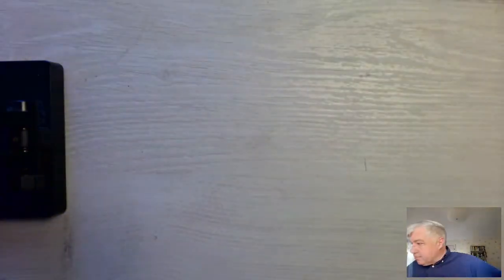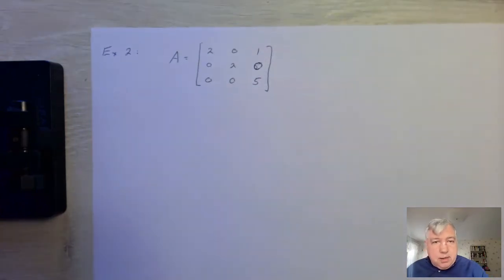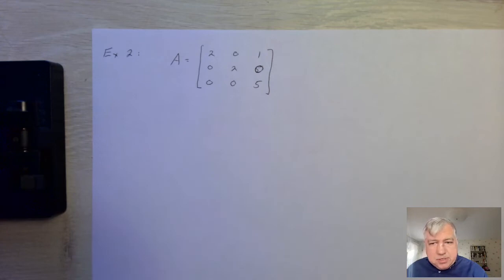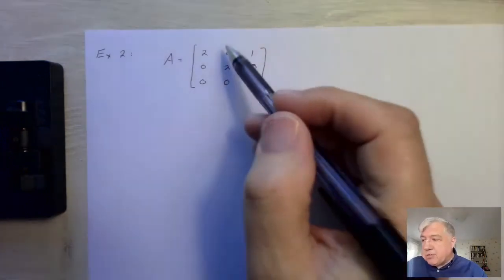So let's look at the next example, Example 2. Now this is going to be particularly nice because this is an upper triangular matrix.